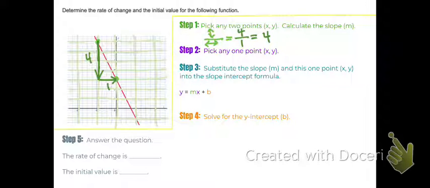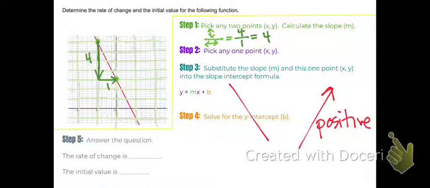And the last step is to ask yourself, is this positive or negative slope? I like to just look at that line and see if it is going up from left to right, it's positive slope. If it is going down from left to right, it is negative slope. So I can clearly see that my red line here is going down.